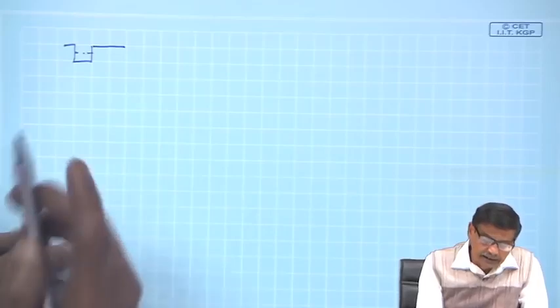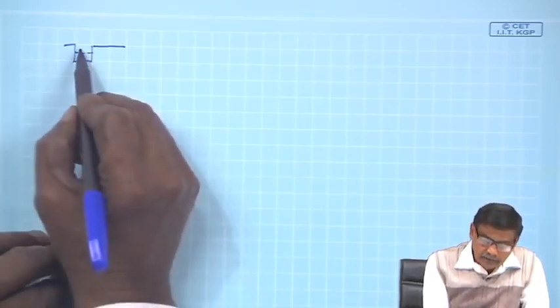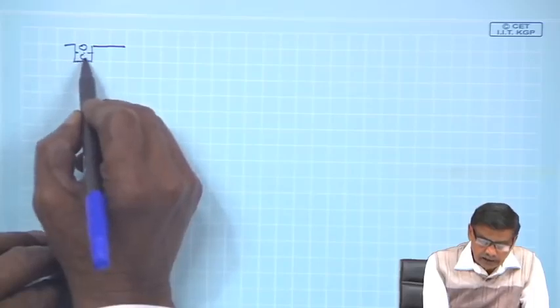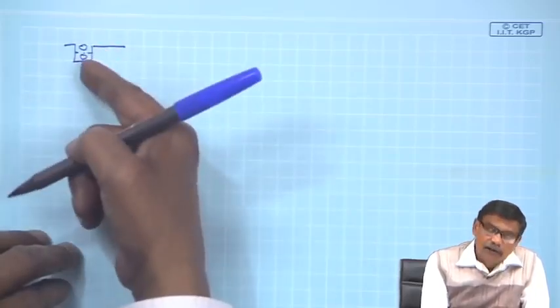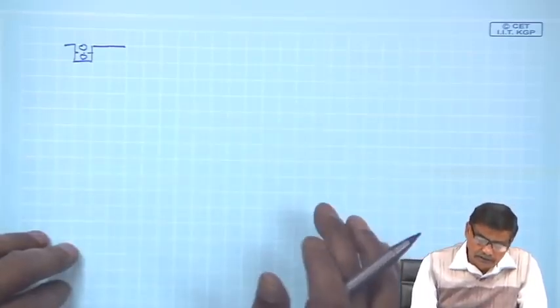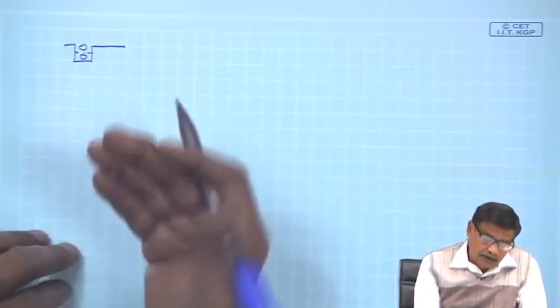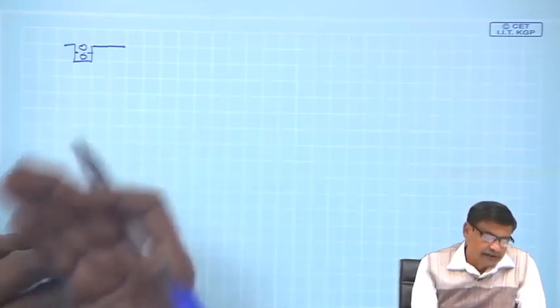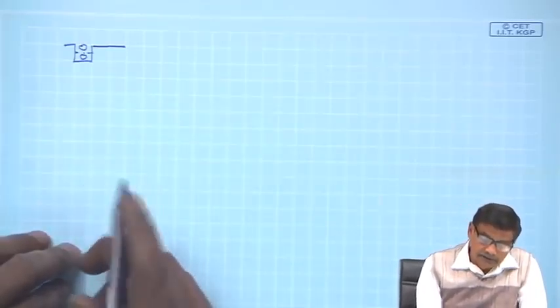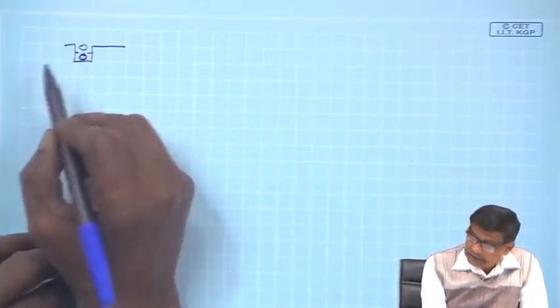But the essential thing is each slot will have an upper deck coil side and a lower deck coil side, and these two belong to distinct, separate coils. Obviously, you cannot make a coil with two coil sides residing in the same slot, for obvious reason. So, that was the thing.